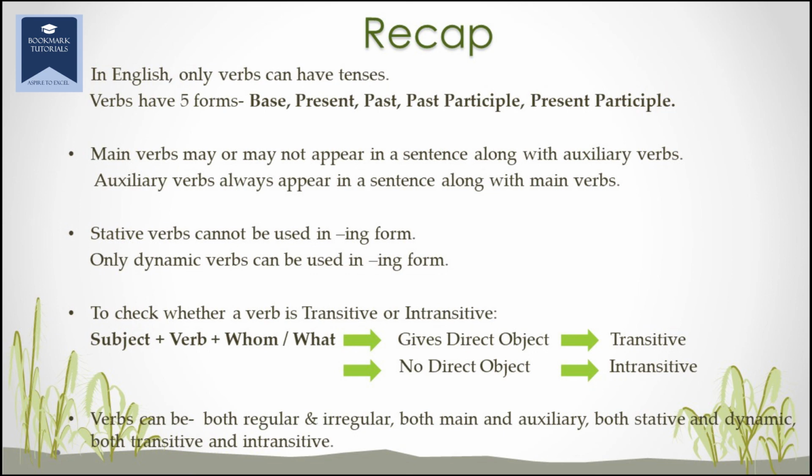To check whether a verb is transitive or intransitive, we can apply the following formula: subject plus verb plus whom or what. A verb may change its type depending on the context.